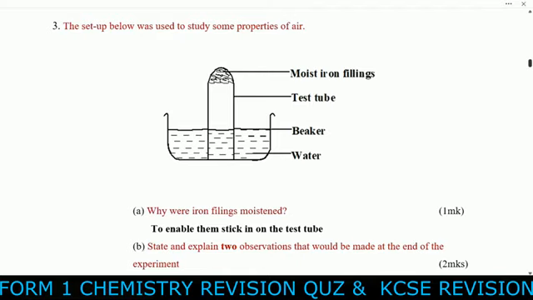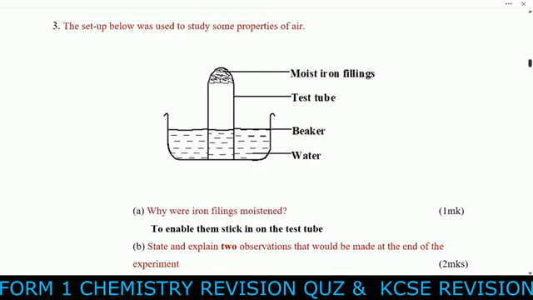And you are told, why were iron filings moistened? To enable them stick on the test tube. That is why they were moistened.